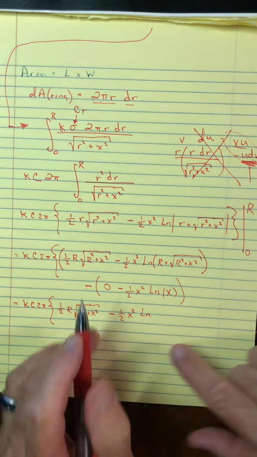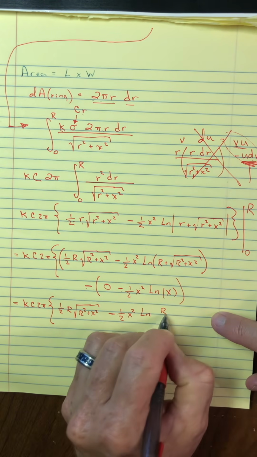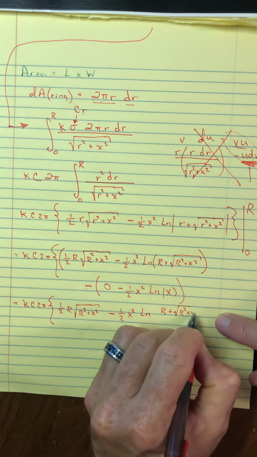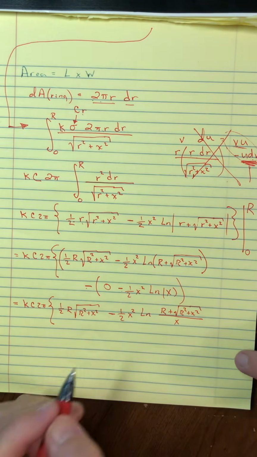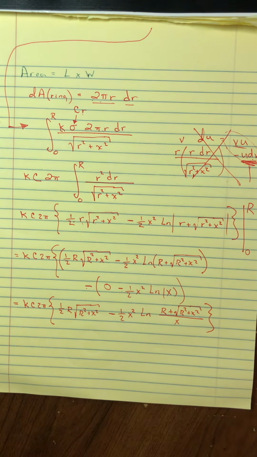So if I factor out a minus, then it's minus this quantity. So I'll take properties of the logarithms and go R times the square root of R squared plus x squared over x. Wow. And that is a heck of a problem. All right. Take care.